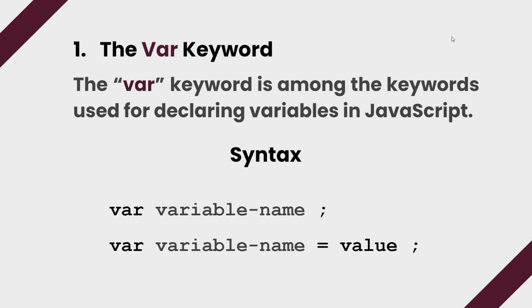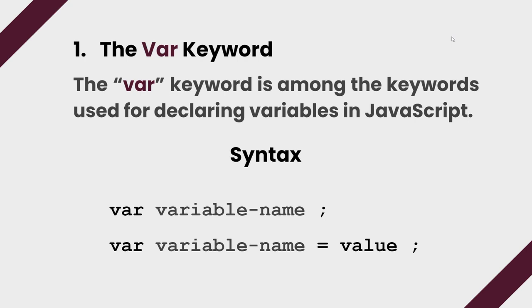It begins with the var keyword, followed by the variable name which you would create yourself. The very first syntax on the screen is a syntax for just declaration. So if you were to declare a variable using the var keyword, you would have it in this form. Below it is another syntax which assigns a value.